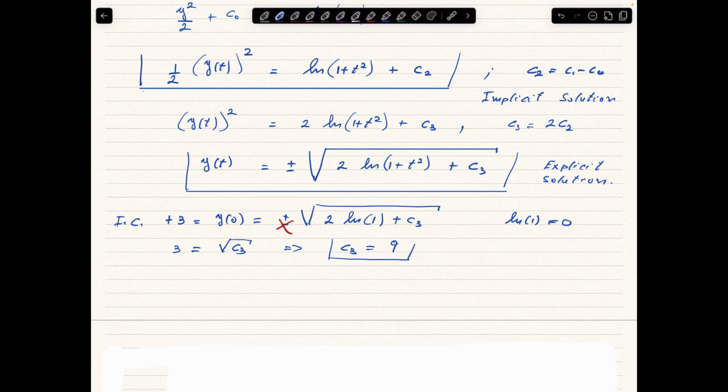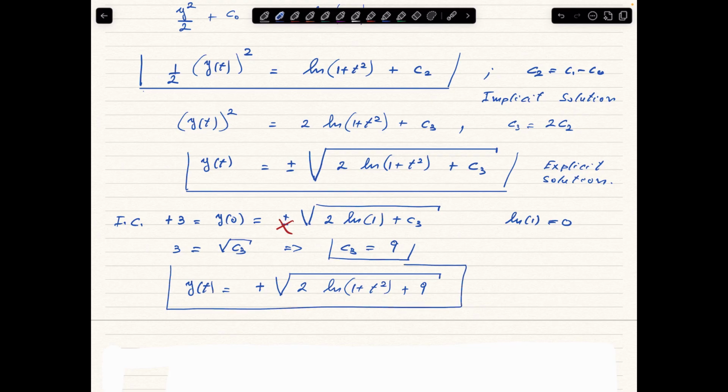The initial condition fixes the constant c3, and then this is our solution. y of t is only the positive root, because we said the negative is not going to satisfy the initial condition: the square root of 2 natural log of 1 plus t squared plus 9. And this is the unique solution to the initial value problem.